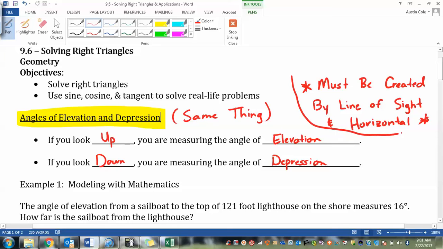Maybe you want to circle that thing. I'll talk more about this in a second. It must be created between the line of sight where you're looking and a horizontal line.